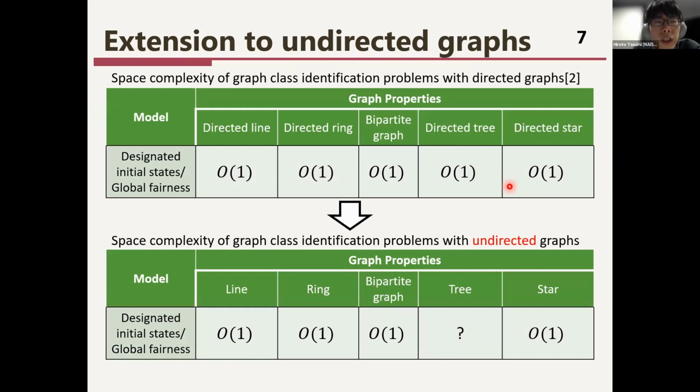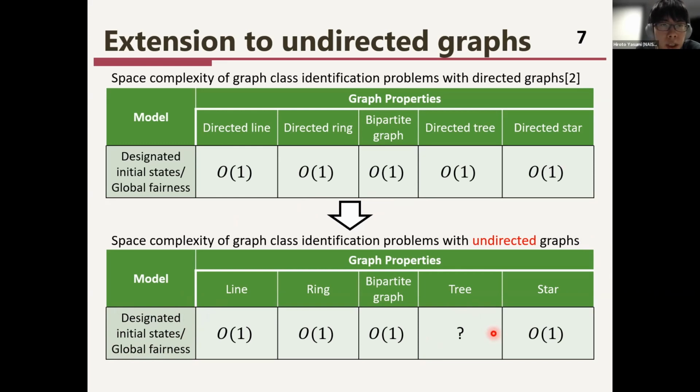So please look at the existing results again. Although these results are for directed graphs, some of these results can be extended to protocols for undirected graphs. However, these protocols are considered only on these assumptions, and even on these assumptions, a tree identification protocol has not been proposed yet.